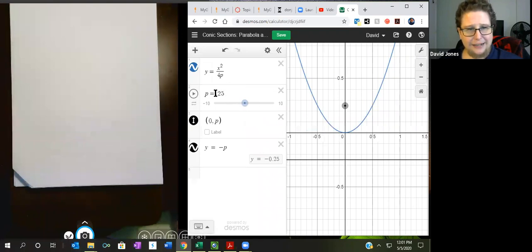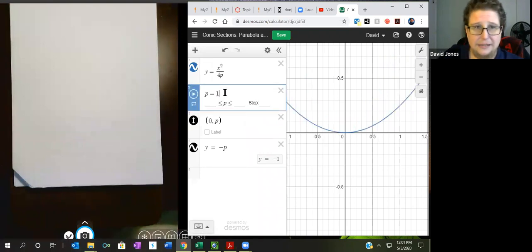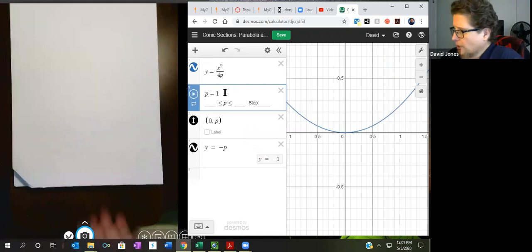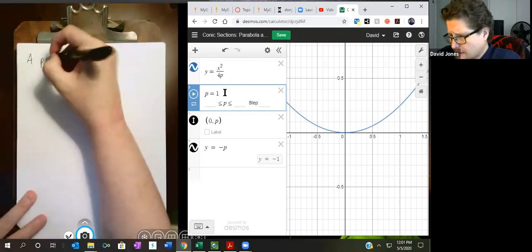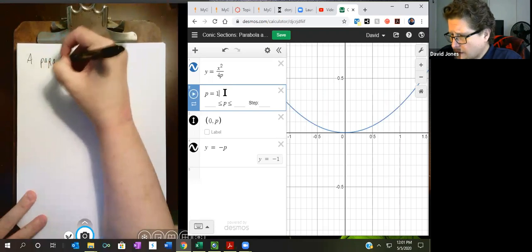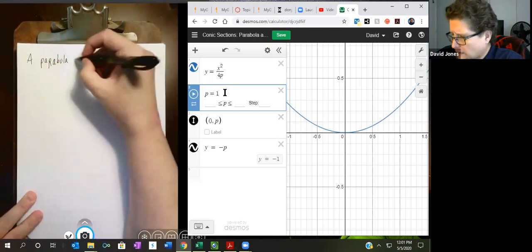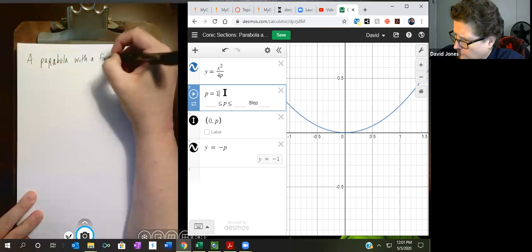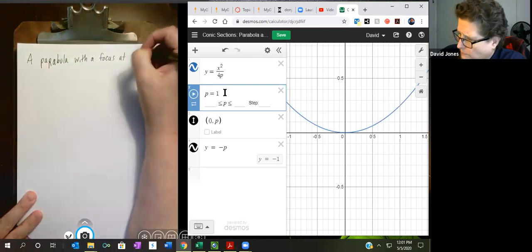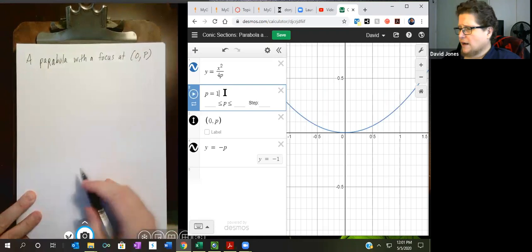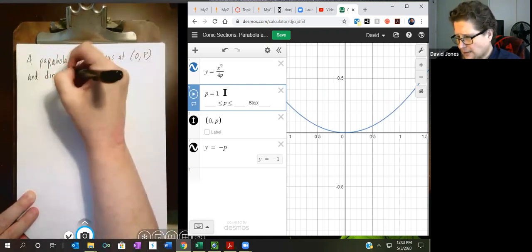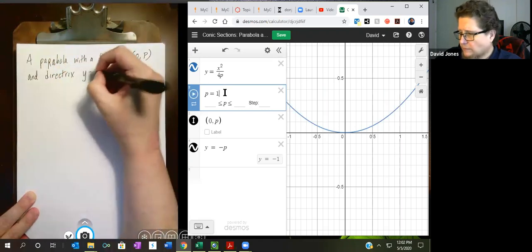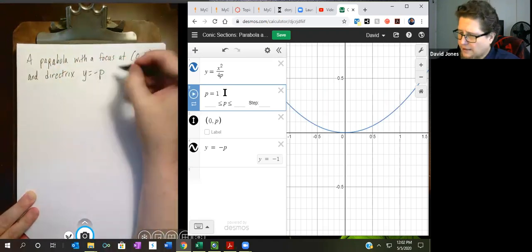In fact, they even give it right here. So a parabola with a focus at (0, p) and directrix y equals negative p have the equation.